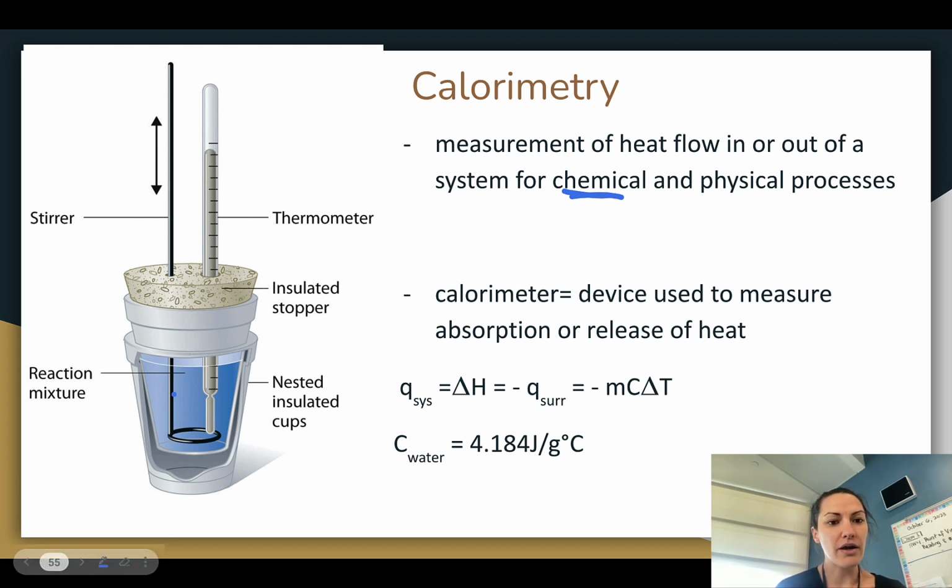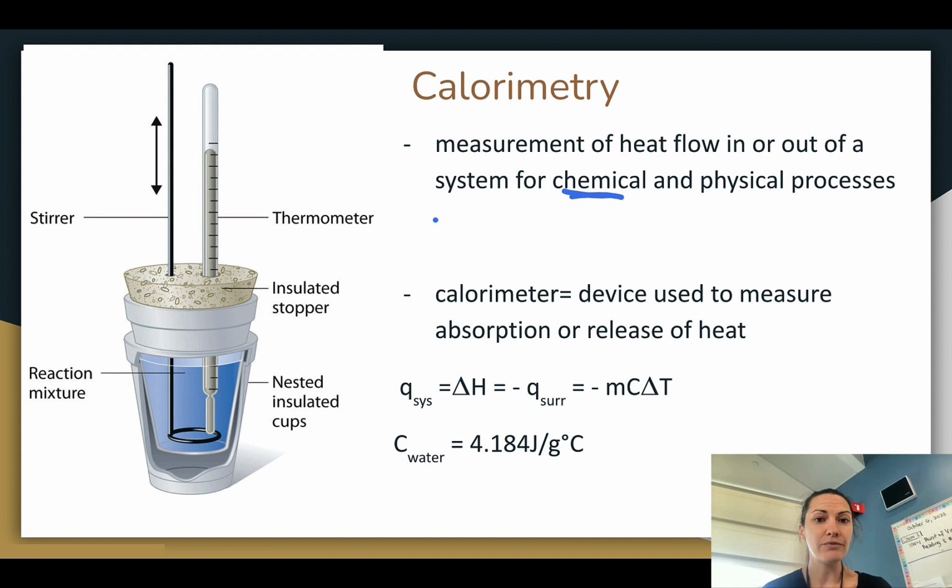Our reaction will happen in the middle of these styrofoam cups, which will insulate the heat transfer to the surroundings. All of our heat transfer will be measured by our thermometer, okay? So this setup is called a calorimeter, and it measures when heat is absorbed or when heat is released.